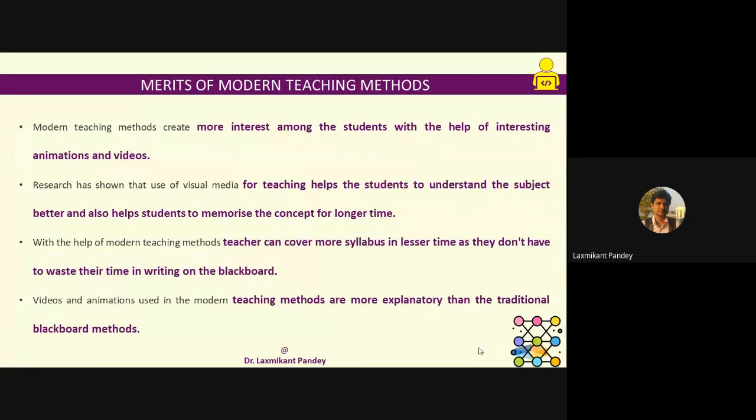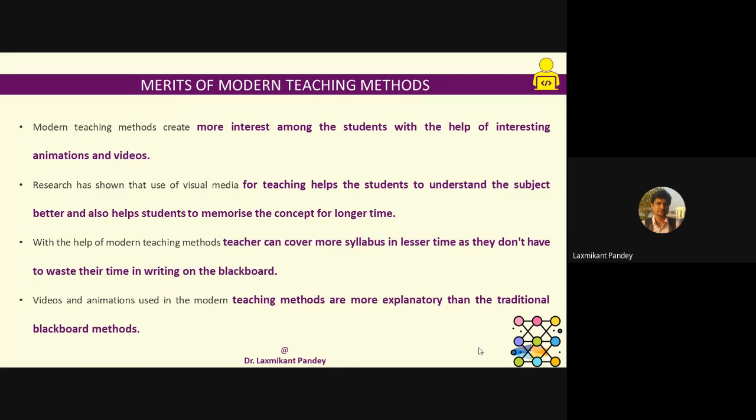It has many merits. Like one, as I mentioned, more interest among the students with the help of interesting animations and videos. That is a very good thing. What I meant to say is that the involvement of students in teaching is very important.